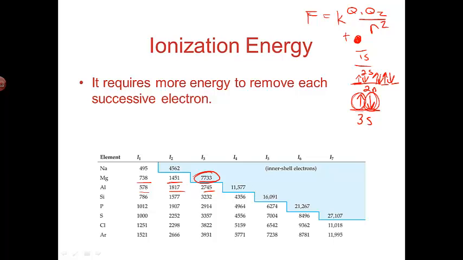And that's because once the valence electrons are gone, you are now trying to pull an electron away from an energy level that is closer to the nucleus than those valence electrons were. And so again, Coulomb's law, right, you're making our distance smaller between the charged particles. And so when we decrease the distance, that force is going to increase.